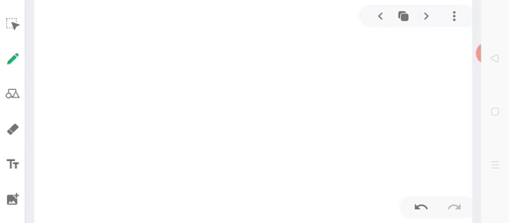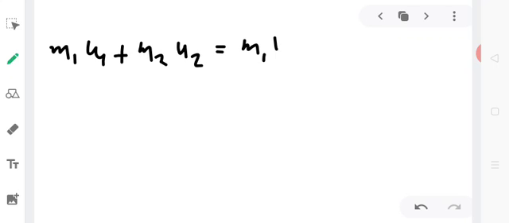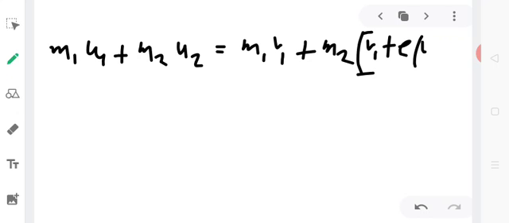So we get m1 u1 plus m2 u2 equal to m1 v1 plus m2, and in place of v2 we can write v1 plus e times (u1 minus u2).